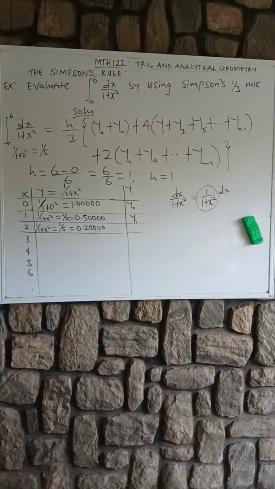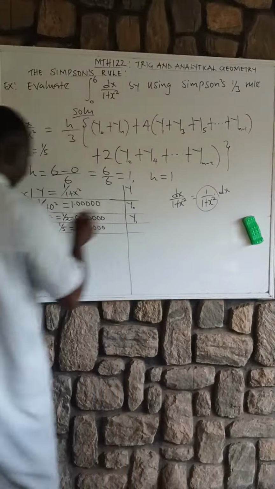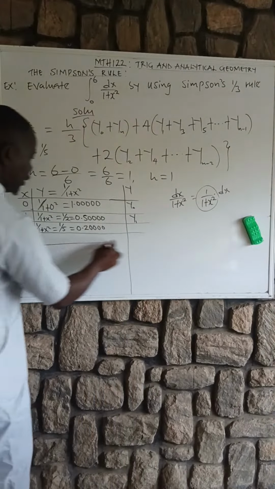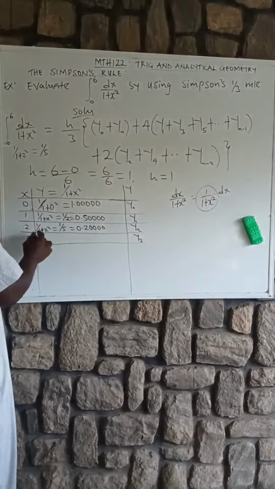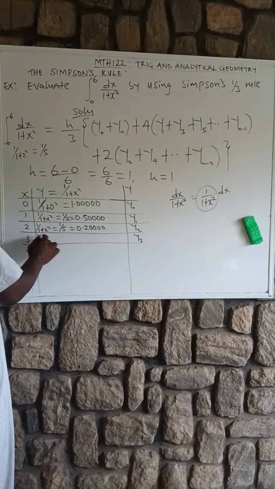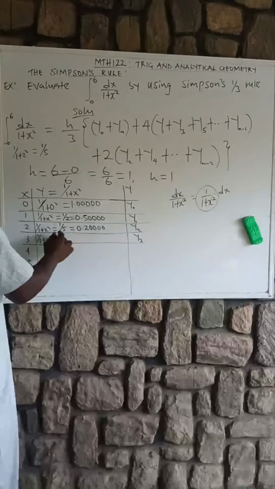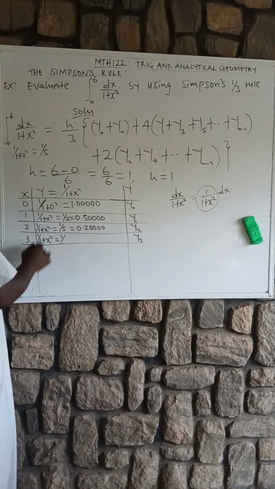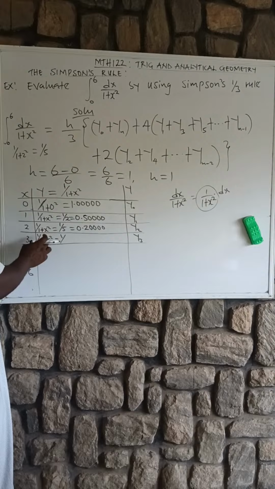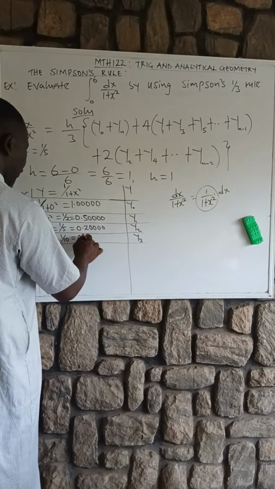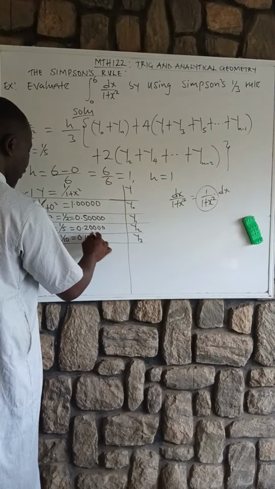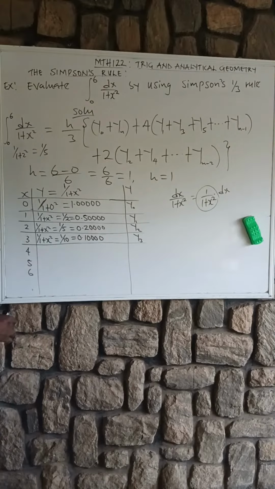Then the same thing is applicable here. 3. This is y2, y3. Then here will be 1 all over 1 plus 3 squared, which is 9 plus 1, 10, right? So this is 1 all over 10, which equals 0.1000.